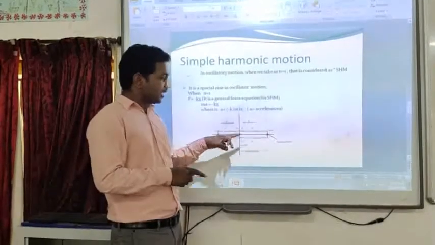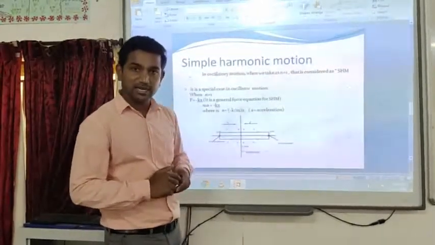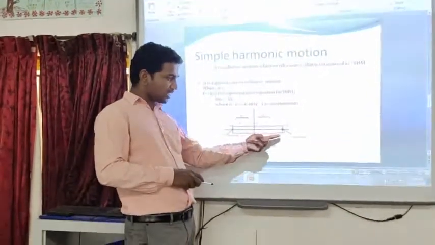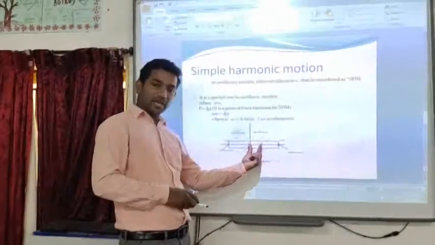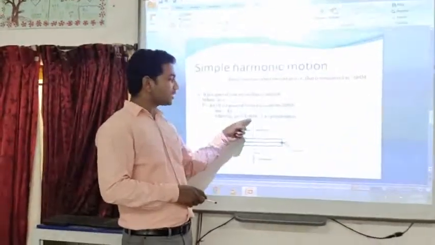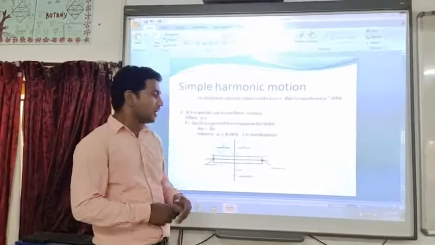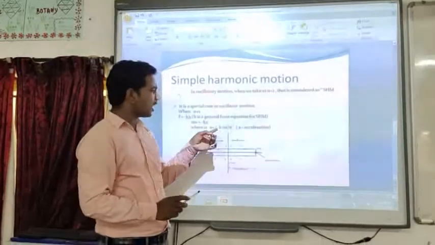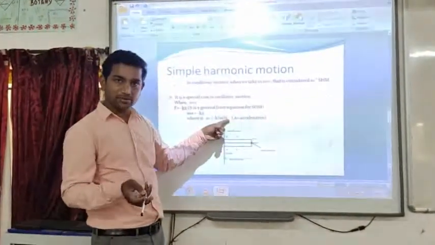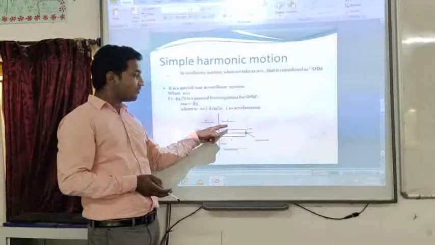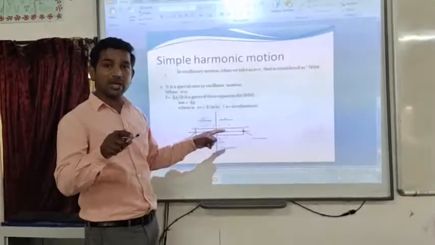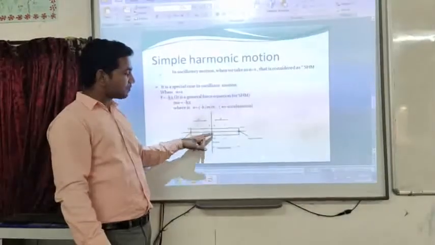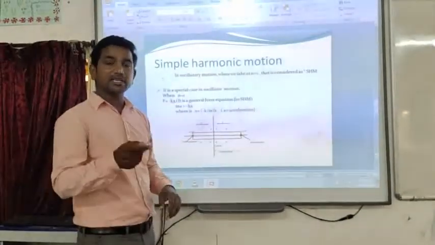Next, what about the magnitude of acceleration? Here the x value is decreasing as the object comes in this direction, so the magnitude of acceleration decreases. When the object reaches the mean position, x becomes 0, acceleration becomes 0, and the magnitude of velocity becomes maximum. So v is maximum at the mean position and acceleration is 0 there.